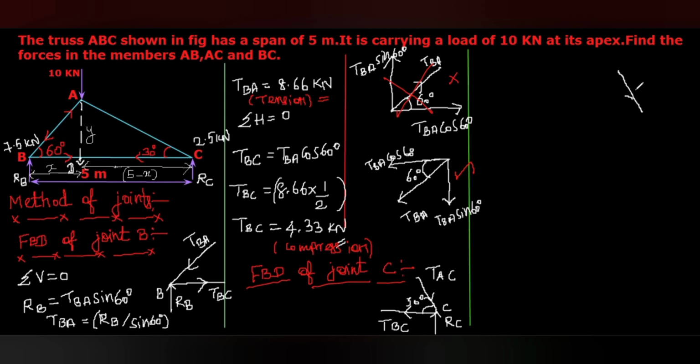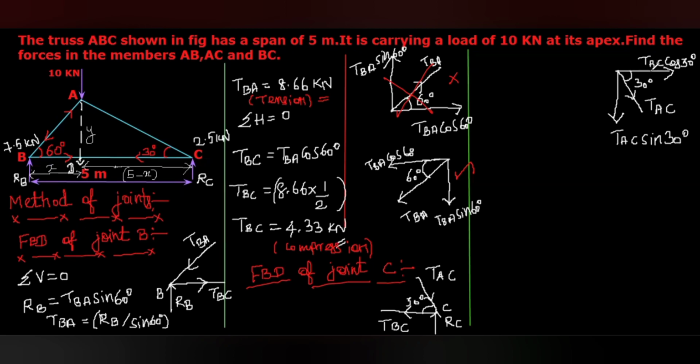Okay. So the tension in the member AC is acting inward to the C, then the vertical resolved component TAC sine 30 will act downward, and TAC cos 30, that is the resolved horizontal component of the inclined force TAC, will act towards right side.